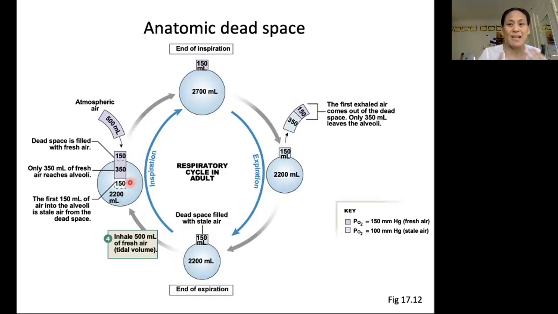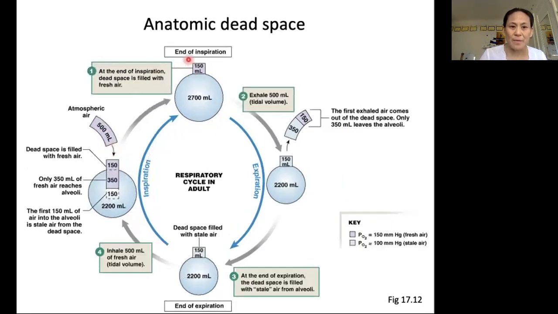We already took advantage of the oxygen that was in that air. It's only the next 350 milliliters of our breath that is going to provide us with fresh air that can oxygenate our blood. Finally, at the end of inspiration, we end up again with that 150 milliliters of fresh air in our airways.